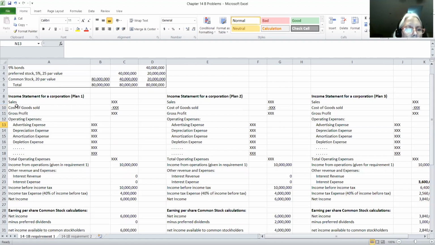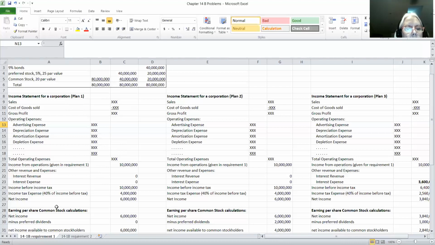I have shown you the sales account, which is a revenue account, and I've just put X marks in for the amount because in this problem, they really want you to focus on the bottom portion of the income statement, not the top portion that you should remember how to do from ACC 120. But I want to show this top part of the income statement to you again as a review. And then I'll add to this income statement what you can expect for a corporation.